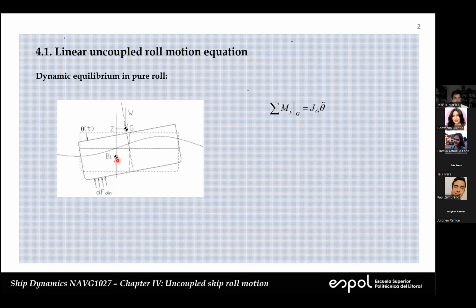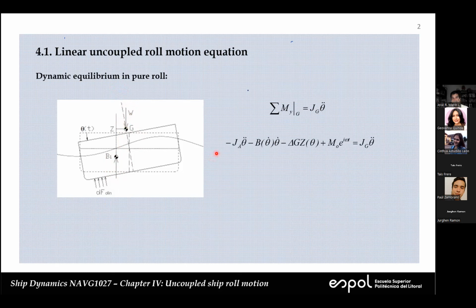So we have this vector pointing in the vertical direction, and if the angle is small, it crosses the center line at this metacenter, okay? Since we are going to assume that the amplitudes are small, this vector is equal to that vector. So we have no vertical acceleration, okay? So these are simplifications that come with this problem.